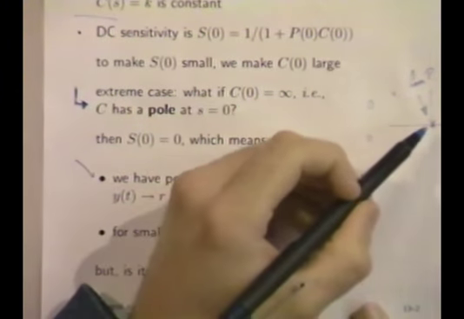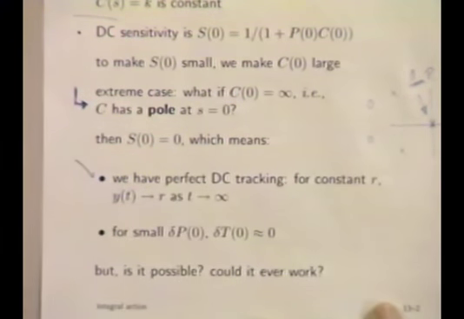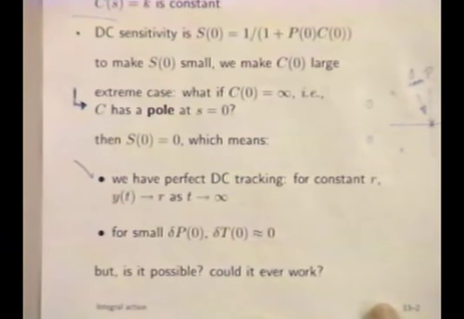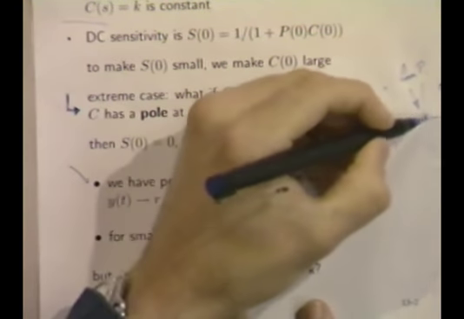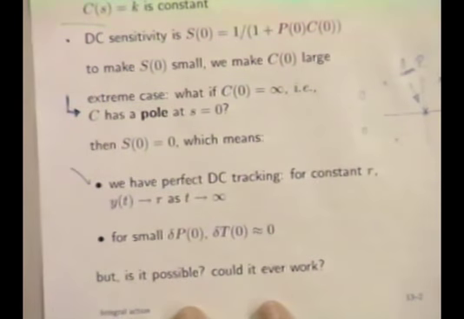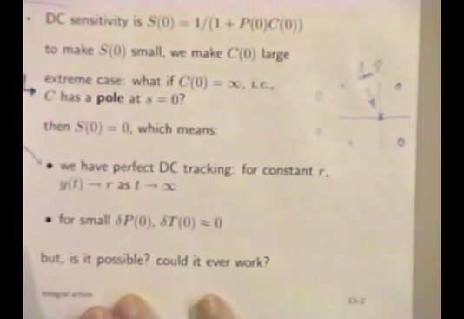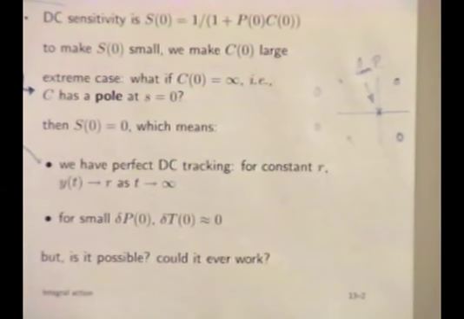The answer is, you've put a pole now at the origin. So under feedback, remember from what we've been talking about before, your poles will move. If you put a pole right at the origin, it's extremely tempting for that pole to move into the right-hand plane and cause your system to be unstable, correct? That's the intuition.